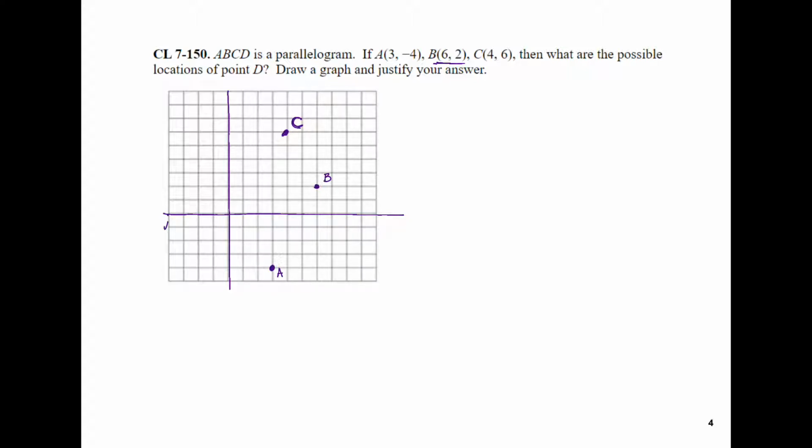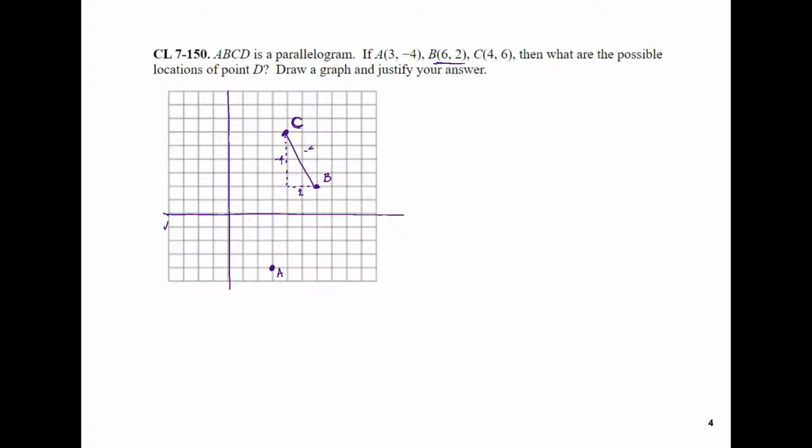When we talk about parallelograms, they could be multiple shapes. A parallelogram states that we have 2 sets of parallel sides. So when we connect C to B, we can draw a slope triangle to know that we fall 4, so down 4, run 2.